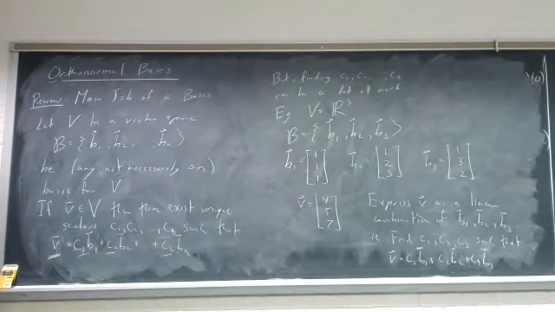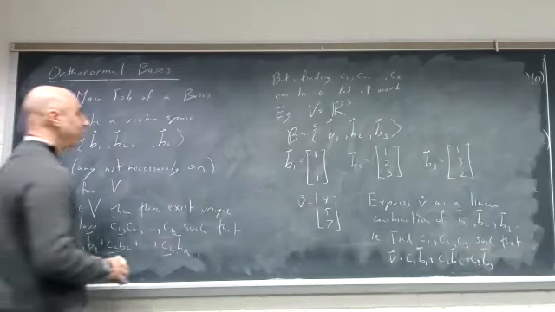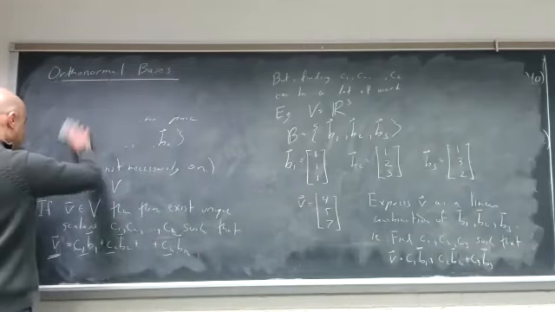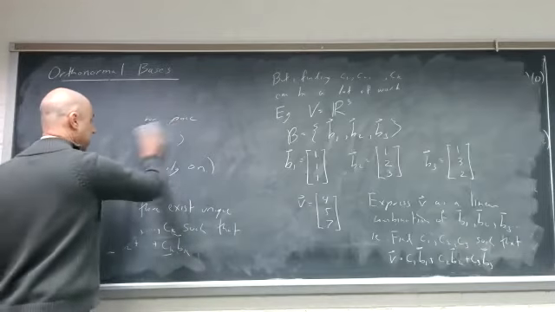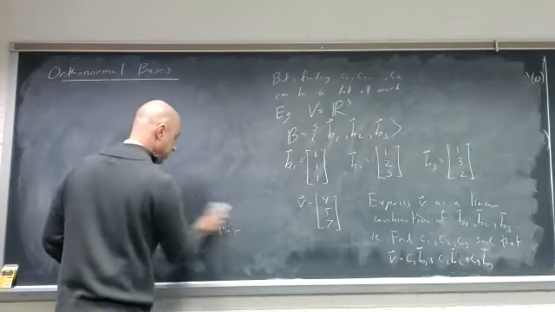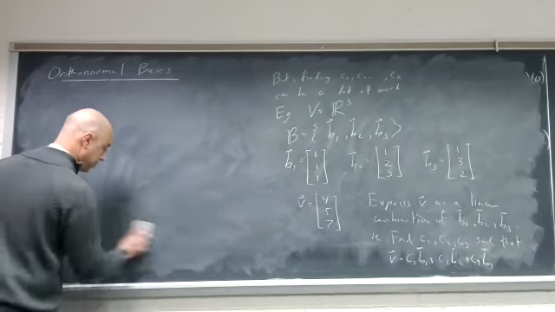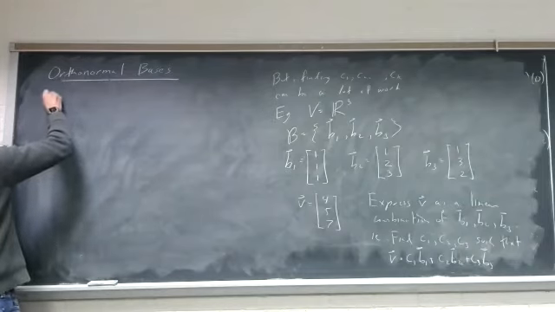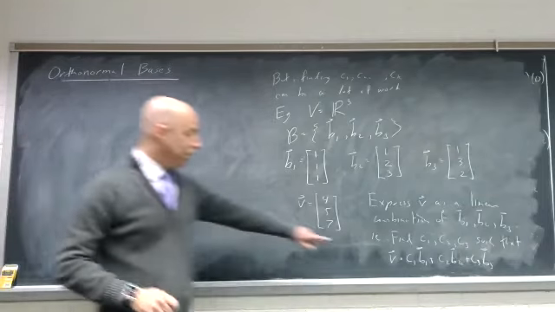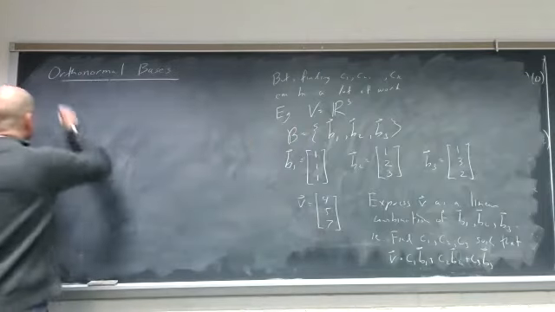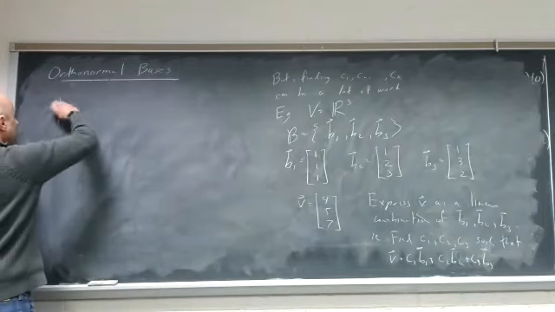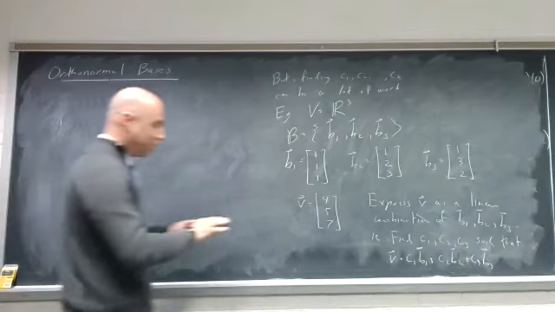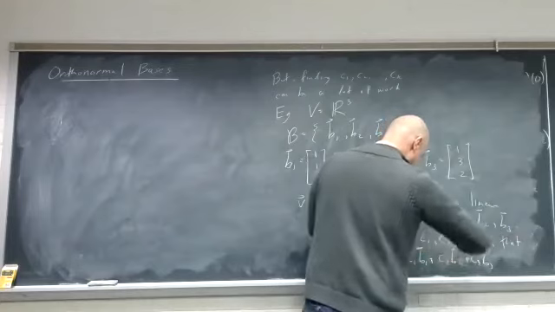Okay, no problem. We'll just go all the way back to the beginning of the course. So V, which is (4, 5, 7), I'm going to move this V to the other side of the equal sign.